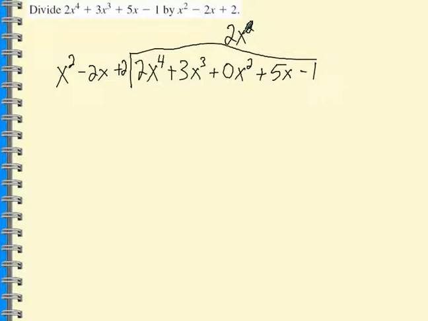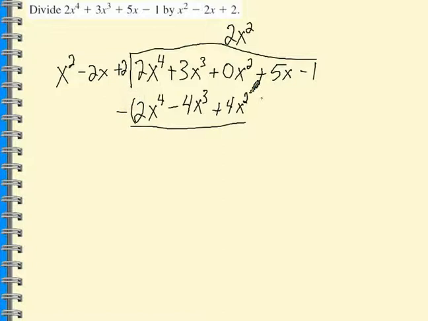Well, our next step, if you remember back to long division, we take whatever this number is and we multiply, so we get 2x to the fourth, but we have to multiply that to each term. So this becomes minus 4x cubed plus 4x squared. Okay, and then we can subtract.